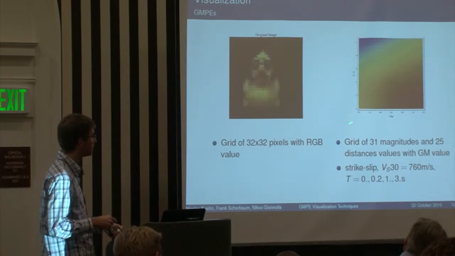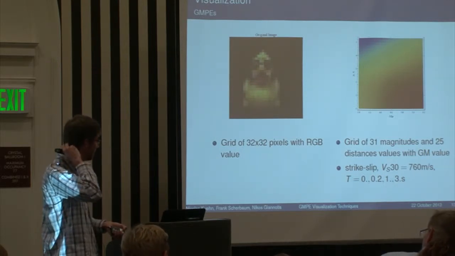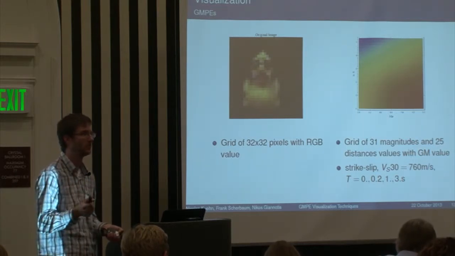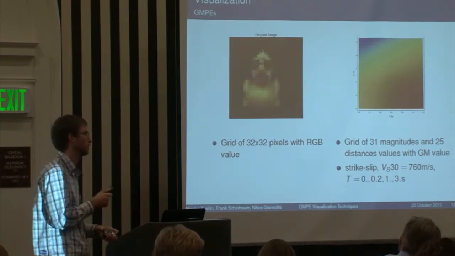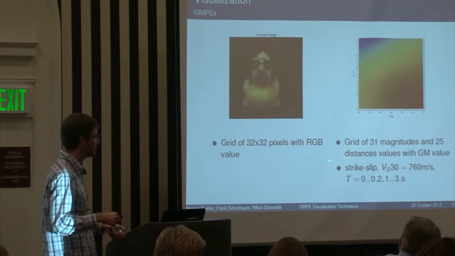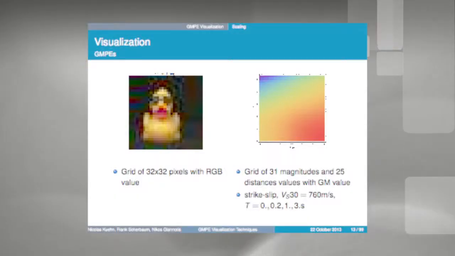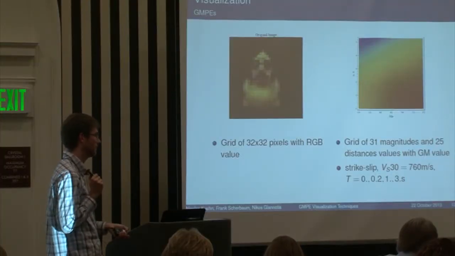Magnitudes are from 5 to 8, and distances are from 1 to 200 kilometers, equally spaced in log space. Everything else, strike-slip, vertical strike-slip earthquake, VS30 is set to 760 meters per second, and it's done for PGA, 0.2 seconds, 1 second, and 3 seconds.